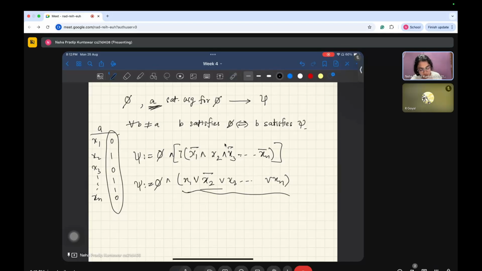And also, if we substitute anything other than a, so let's say b not equal to a, then this formula is always going to be true. Okay, right. So I'll call this phi prime, and phi prime is always true.